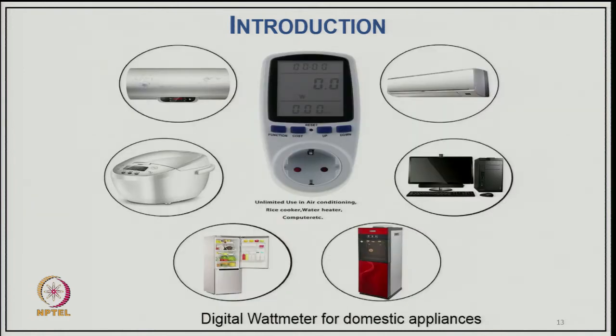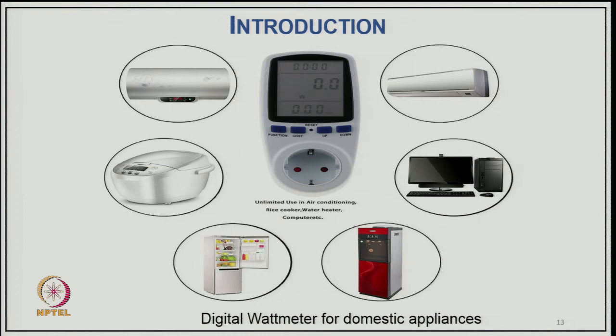Or a digital wattmeter for domestic appliances, following the concept of a smart grid. You can even measure the power of every domestic appliance, the big energy gadgets in the home, whether it is your air conditioner, refrigerator, washing machine or TV.